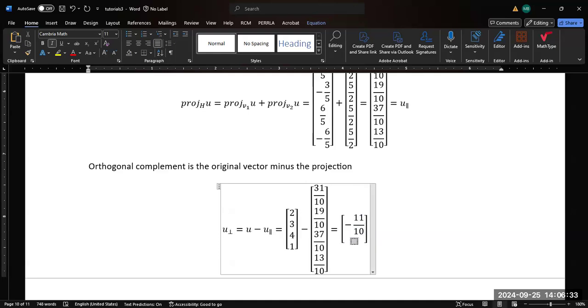And 3 minus 19 divided by 10 is going to be, again, 1.1, 11 divided by 10. And 4 minus 37 divided by 10 is going to give me 3 divided by 10. And 1 minus 13 divided by 10 is going to give me negative 3 divided by 10.